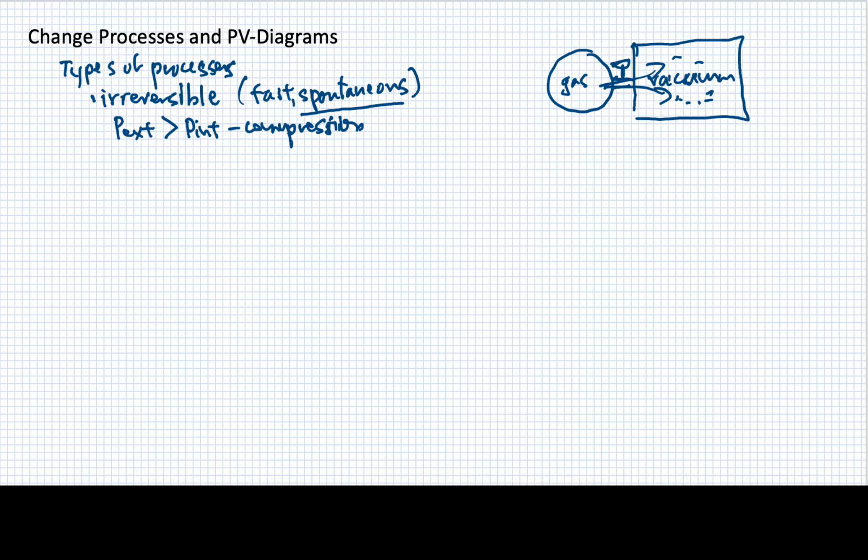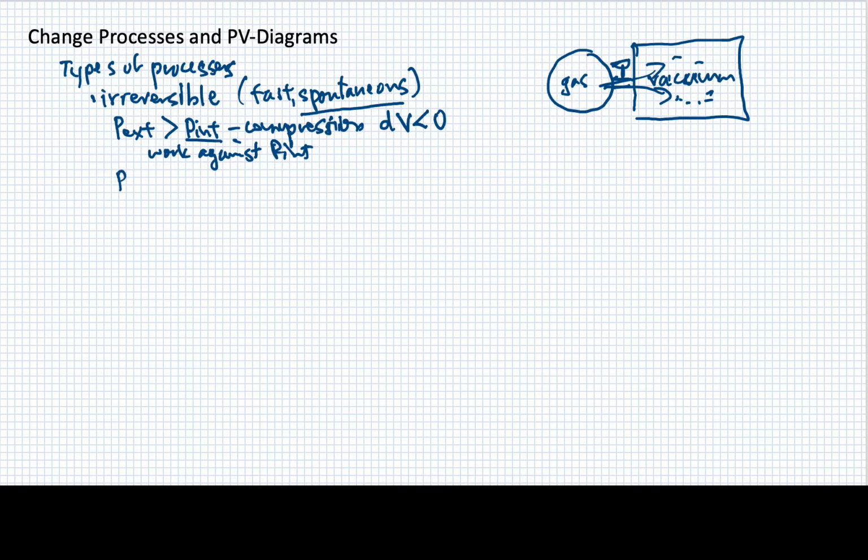It's going to compress the system. The change in volume is going to be less than zero. This is a case where work will be performed against the internal pressure. Okay, this is the pressure of reference that we need to care about.